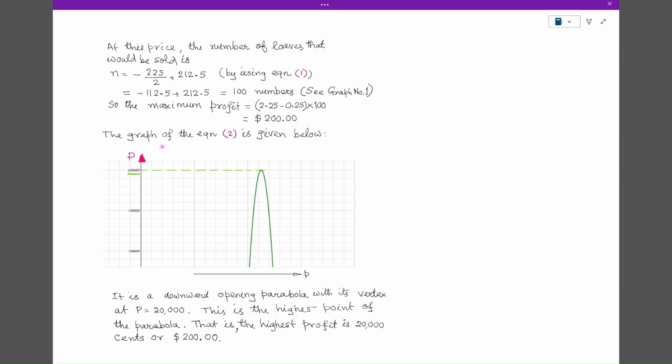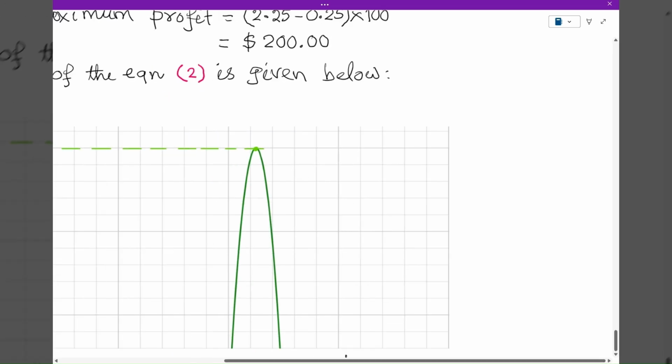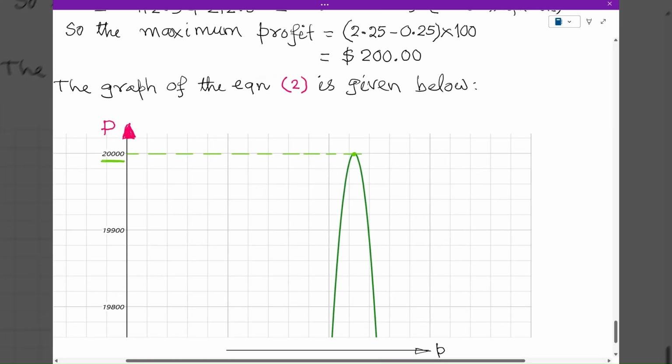The graph of equation 2 is given below. That is this graph. It is a downward opening parabola with the vertex at P equals 20,000, which is the peak.